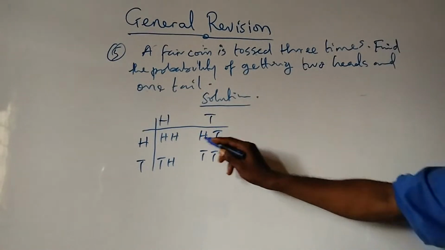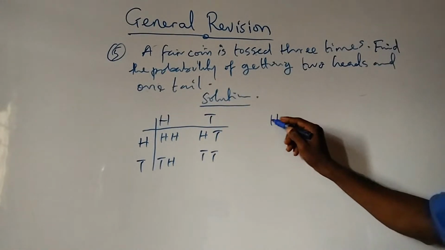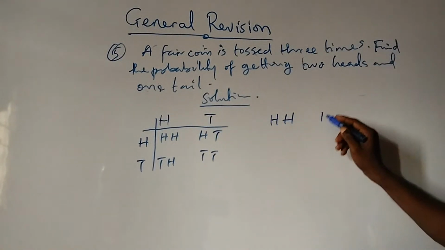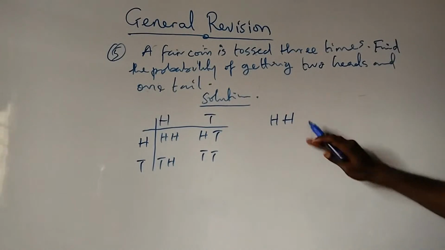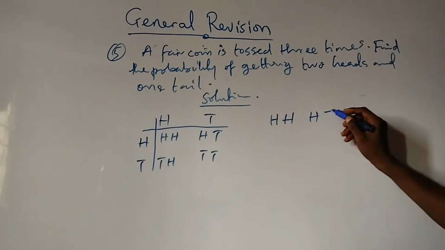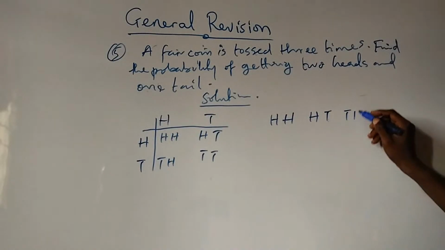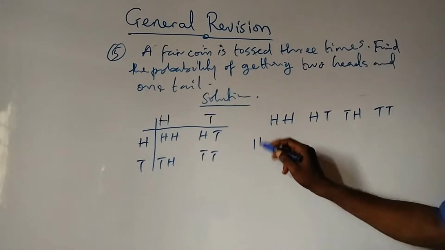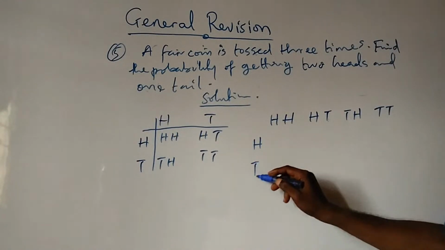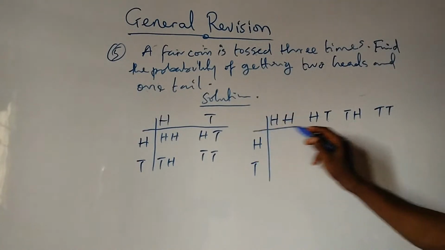So the outcome for the 2 coins, we have HH, HT, TH, and TT. This has come for 2 coins. Then we can toss the third coin with it to make it 3 coins now.